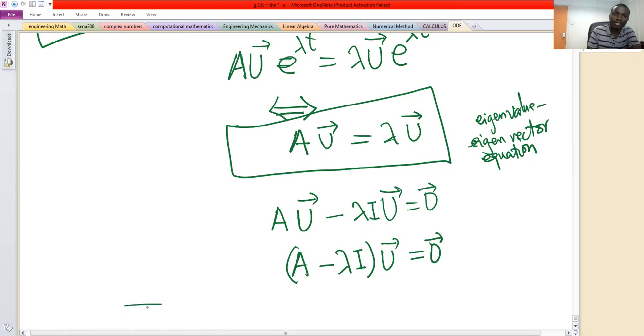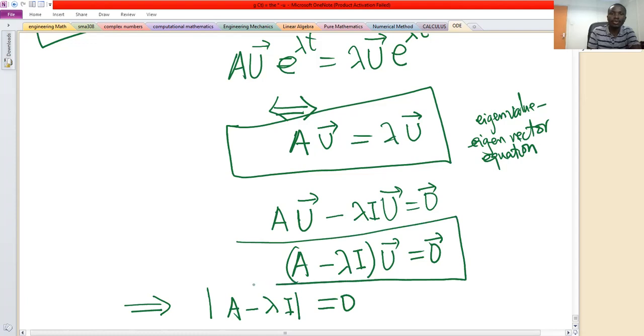So this implies that the determinant of A minus lambda I, just as we have seen earlier, should be 0, so that this equation is satisfied. Remember, u is always a non-zero vector.